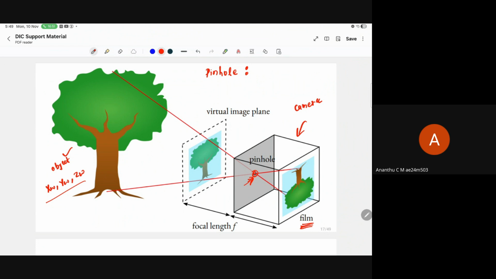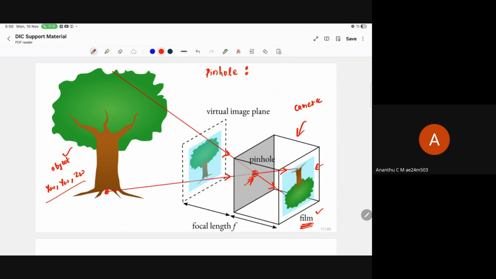That is why you get the inverted image at the film. So this is the inverted image of the object, because of the nature of light which is passing. This light is passing like this and coming like this, and this point here is passing like this and coming here. So you get the inverted image at the film.